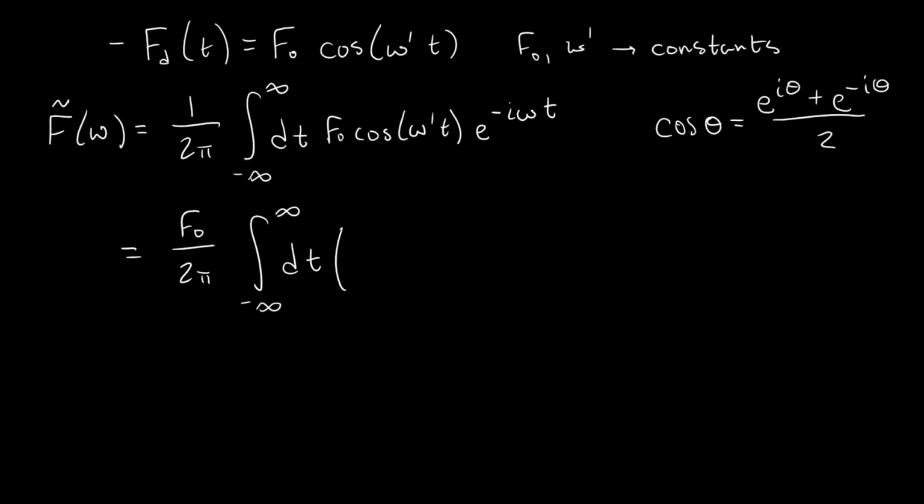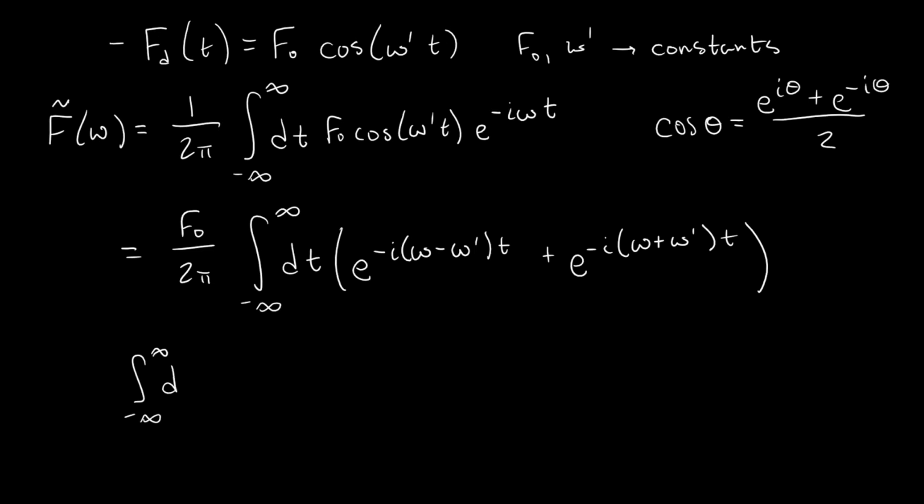One which is e to the minus i (omega minus omega prime) t plus e to the minus i (omega plus omega prime) t. But we know that this integral over t of e to the minus i, specifically 1 over 2 pi. I forgot a factor of 2 here.